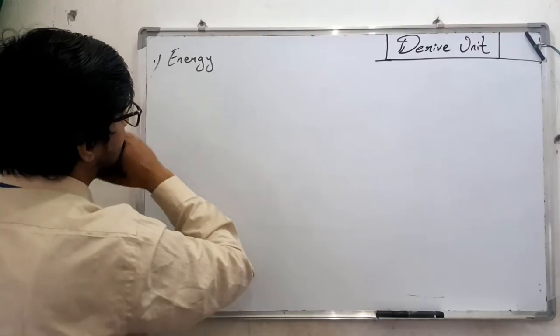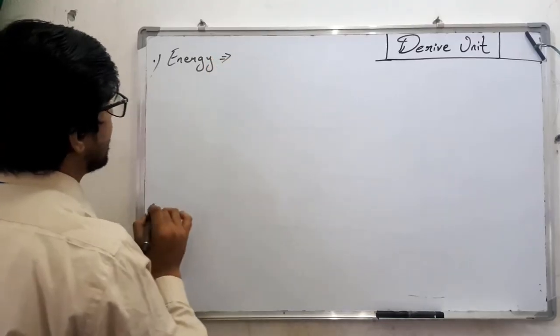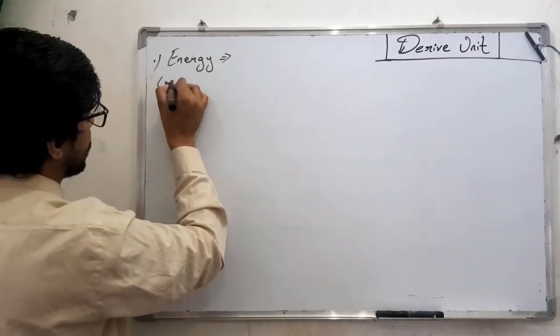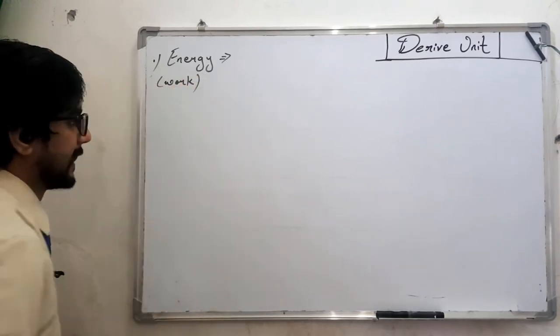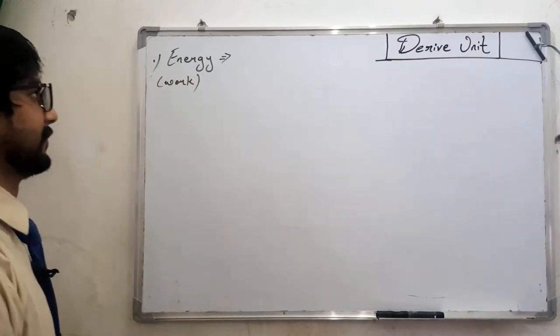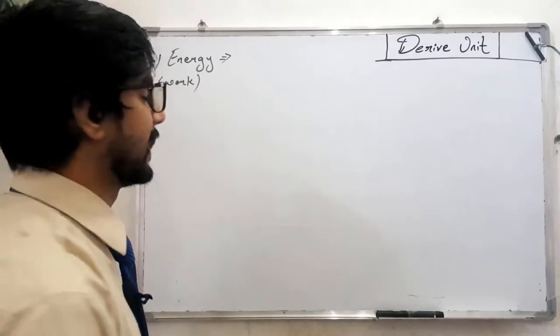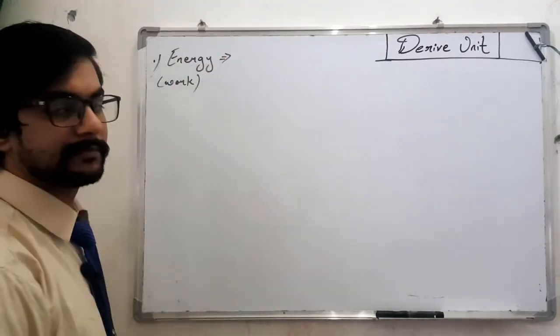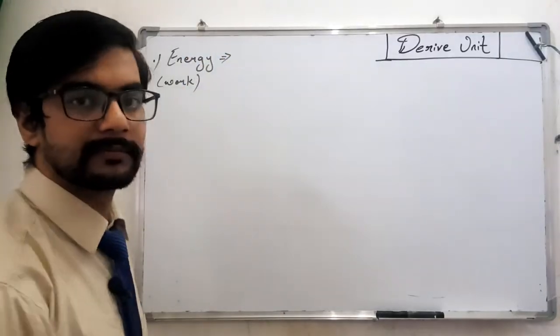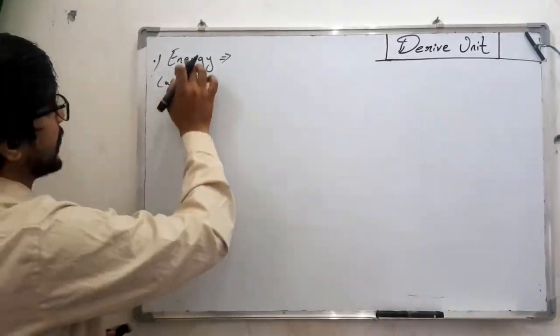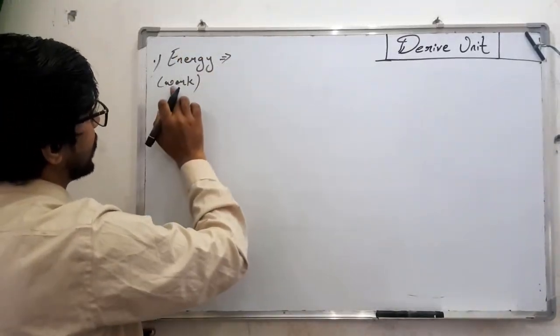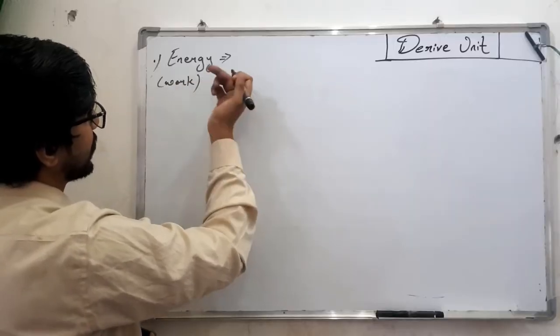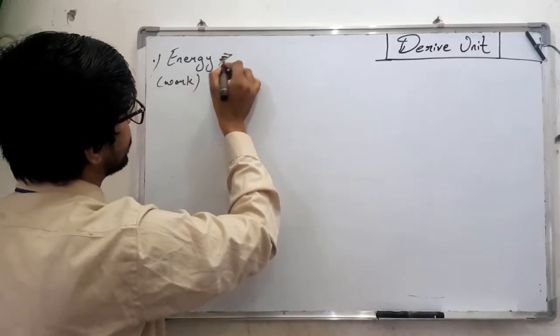Simply, energy means work. Energy means work, you have already learned. Similarly, both units will be the same, both formulas will be the same. So derivation of energy means we are deriving the unit of work also, both are similar terms.